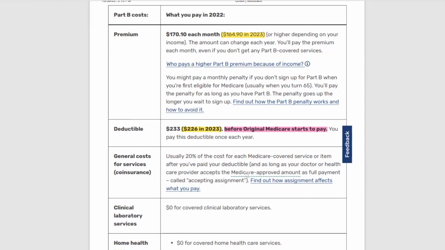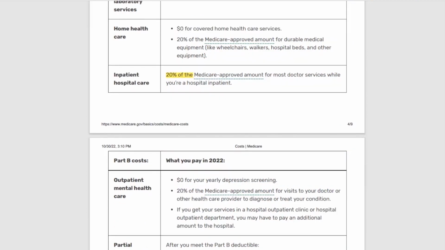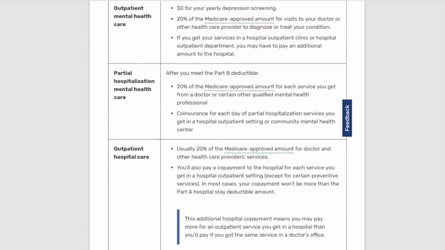Basically, Medicare is going to cover 80% and your client is responsible for 20%. There's no cap, okay? There's no limit. I call it the danger of having original Medicare alone. So it's very important that they have a supplement or a Medicare Advantage plan to help cover those costs, okay?